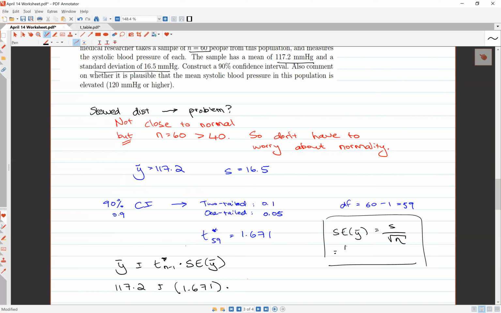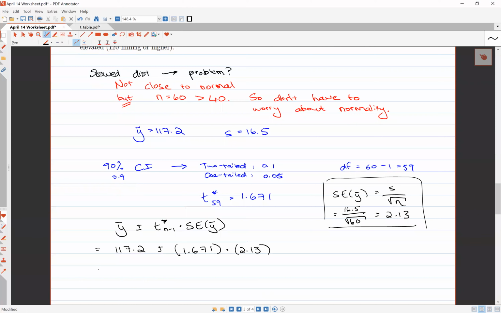So in this case, 16.5 divided by the square root of 60, which gives us 2.13. So our confidence interval is 117.2 minus, if I multiply those numbers, 3.559, and also 117.2 plus 3.559.